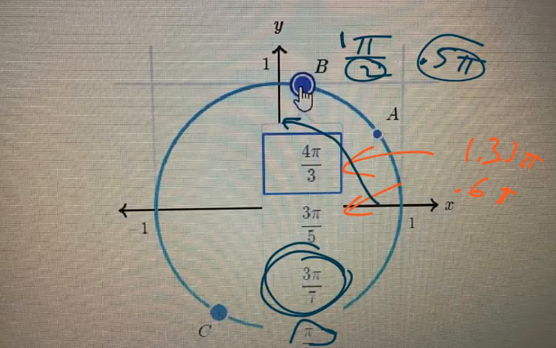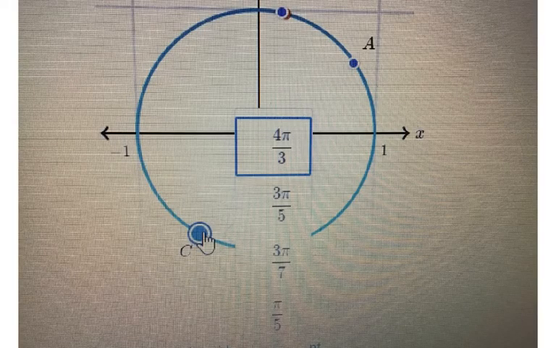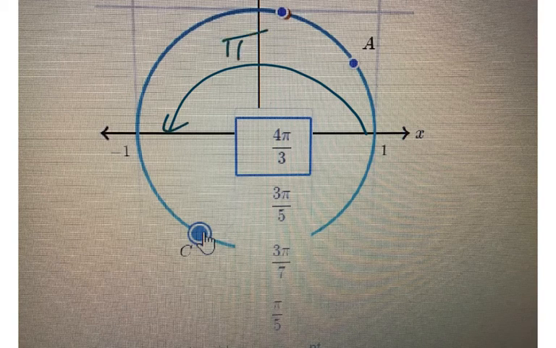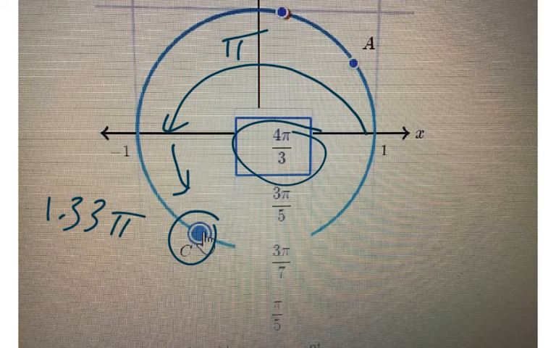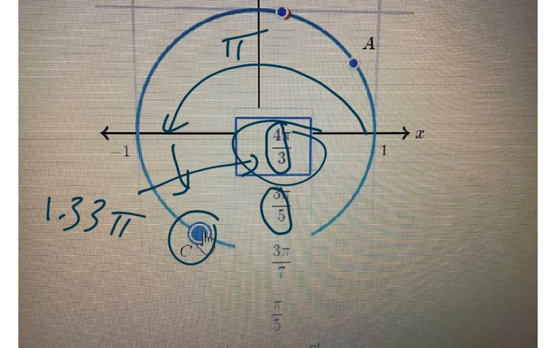Okay? What about this one right here? Notice, guys, this is a full pi, 180 degrees. This goes past 1 pi. So hopefully you agree, that's about 1.33 pies, which is what 4/3 is. So if you learn nothing else, guys, what you can do with your calculator is just divide the fraction part, and that tells you how many pies you have.